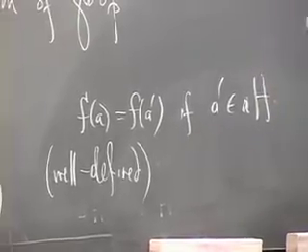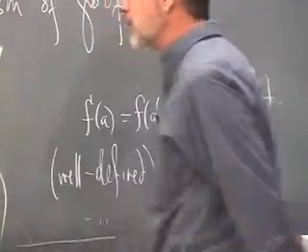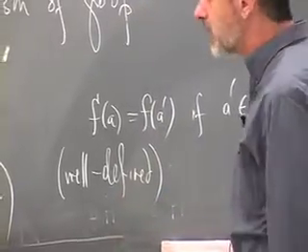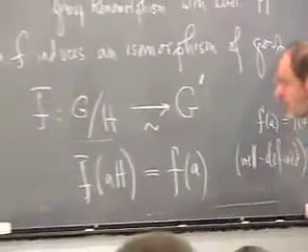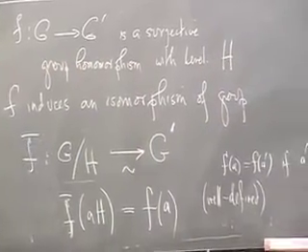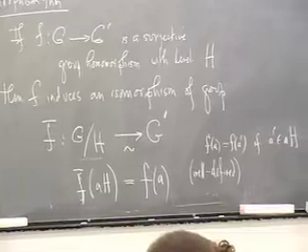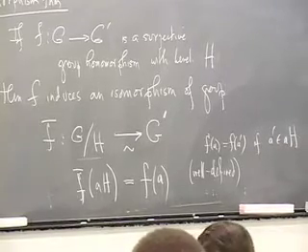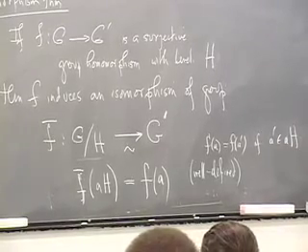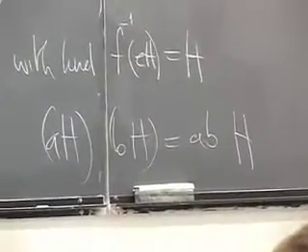That's just because H is the kernel. And you have to check that this is an isomorphism. So that shows that it's a well-defined map. Then you have to check that it's a group homomorphism. Well, that's because our multiplication law in the quotient group is that aH times bH is abH. So you check that using the multiplication law in the quotient group, this is actually a homomorphism.